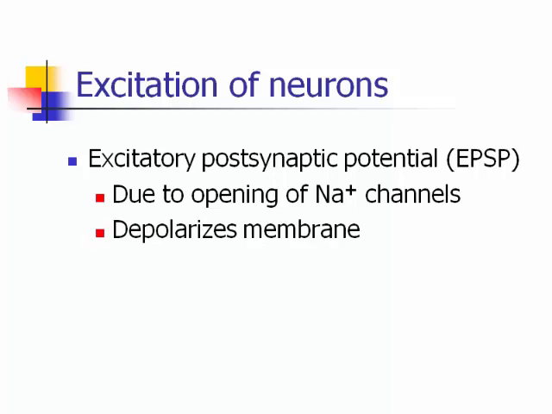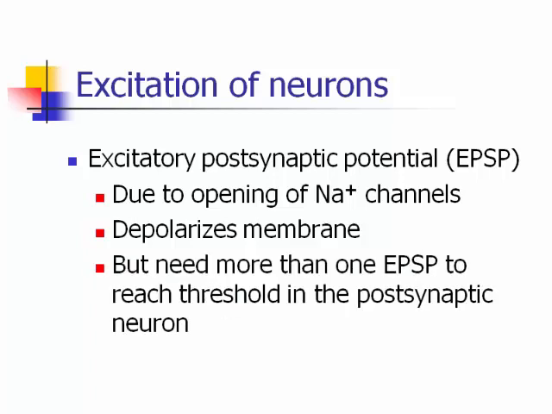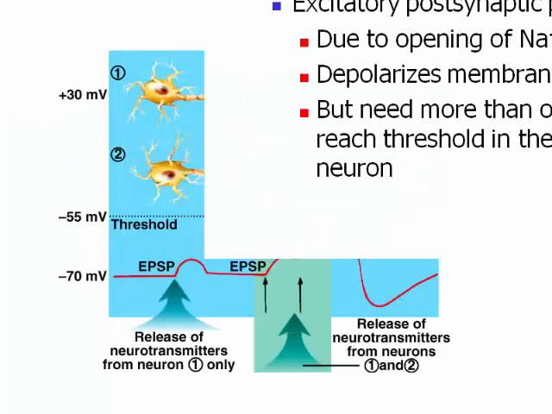Right, so you open sodium channels and sodium comes rushing in and you get depolarization. But you need more than one EPSP to reach threshold in the postsynaptic neuron. If you have 100 cells talking to one, and only one of the 100 is talking and saying, I'm going to excite the second cell and open sodium channels, it's not going to be enough to reach threshold.